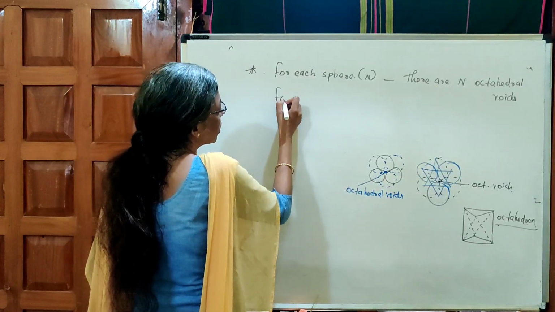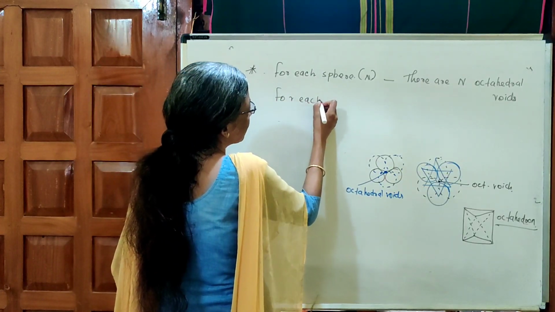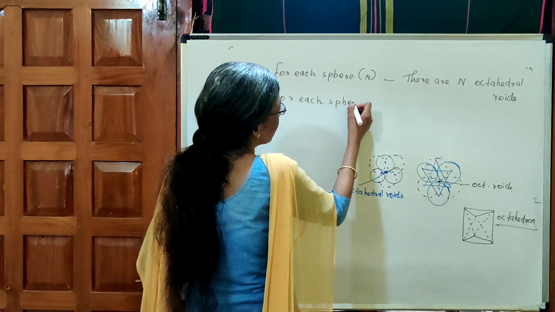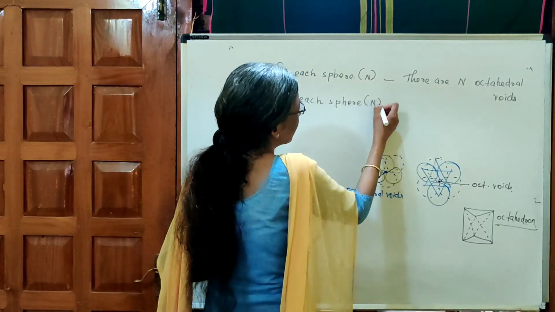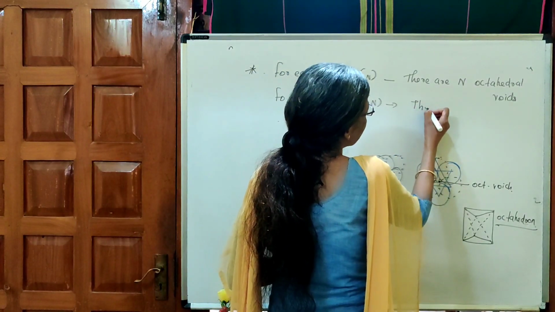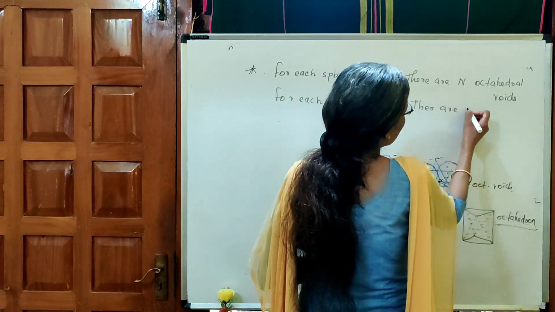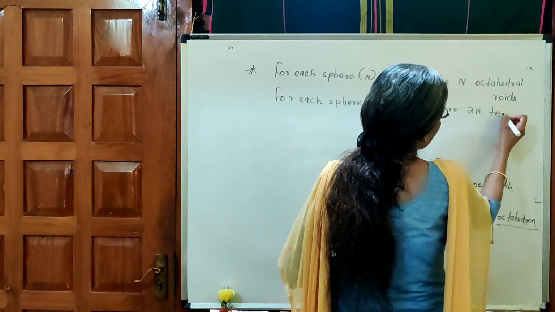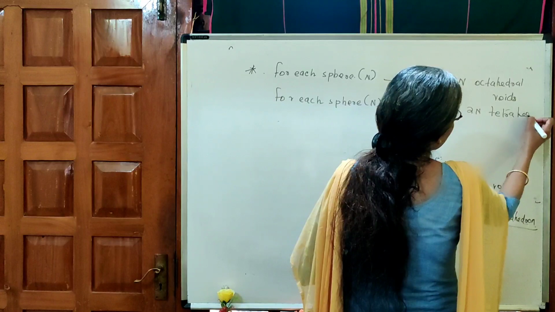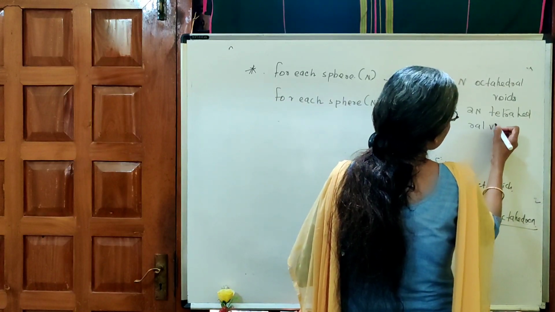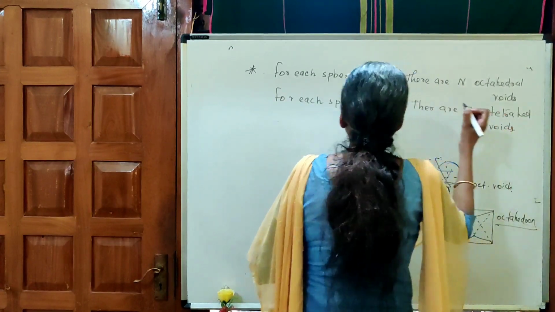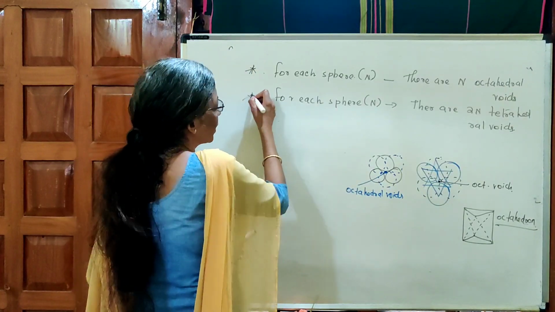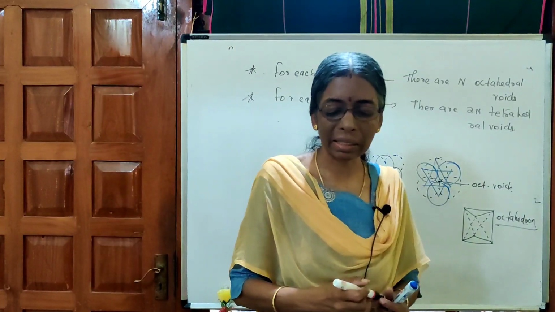Number 2, for n spheres there are 2n tetrahedral voids. Is it clear? In the previous video we studied this when we stack in 3 dimensions.